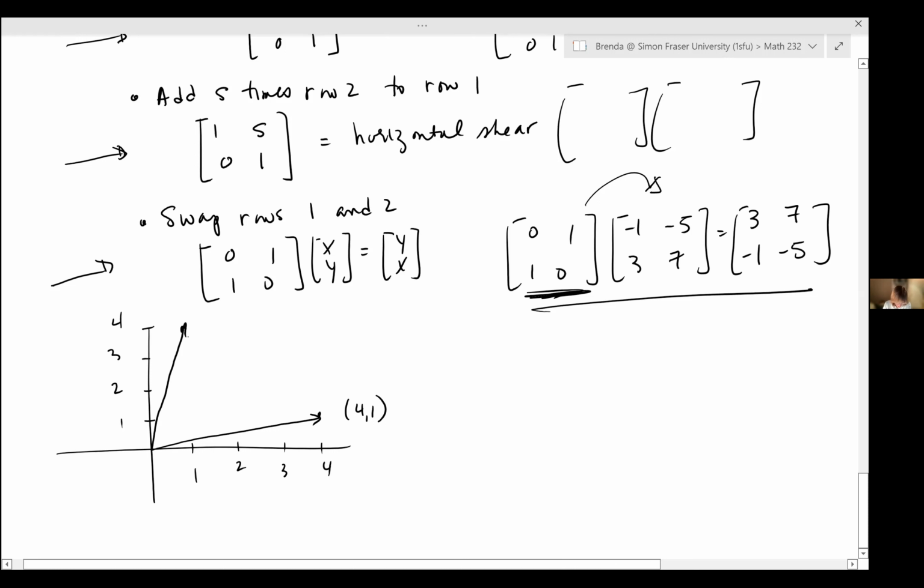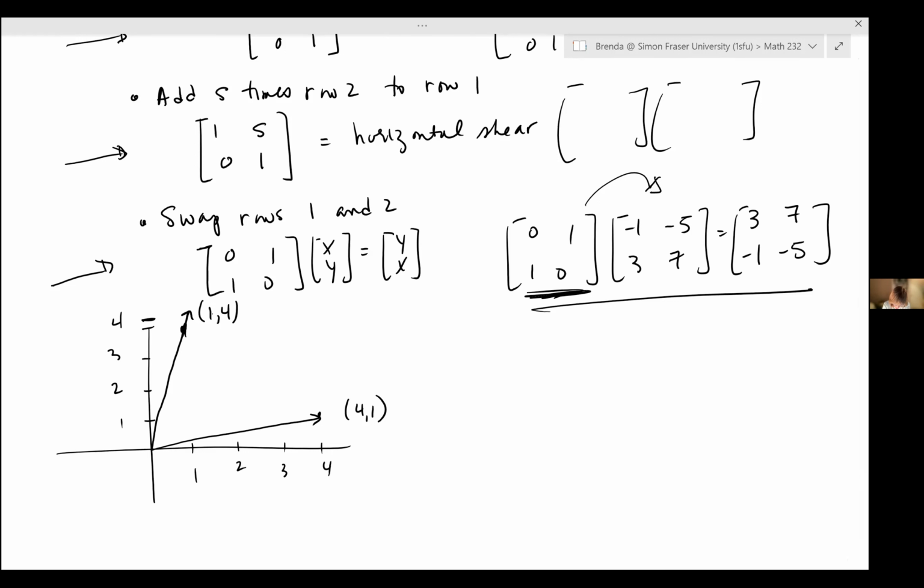This is the vector 1, 4. Those are the same length. Sometimes it's hard to draw to scale here. I think this needs to be a little bit longer. Let's move that up. Okay, these are the same length, right? You can calculate the length. It's the square root of 4 squared plus 1 squared. In both cases, they're the same length.